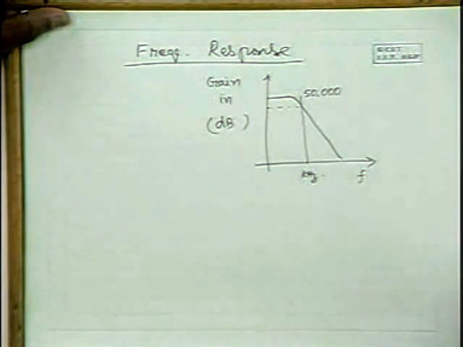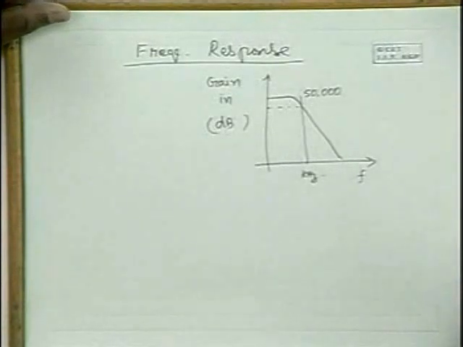See, earlier we discussed how an RC coupled amplifier has a response where the gain is a function of frequency. Because of the junction capacitances of an amplifier, the input signal is shorted from base to ground, base to emitter.